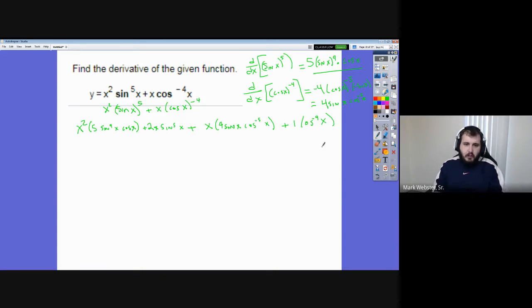And now we can leave it like this, or I'm just going to neaten it up a little bit. This part here, let's rewrite it as 5x squared, and then we've got the sine to the fourth cosine, plus 2x sine to the fifth x.